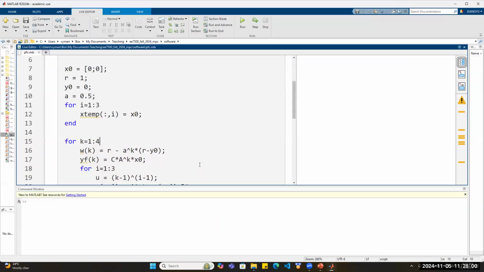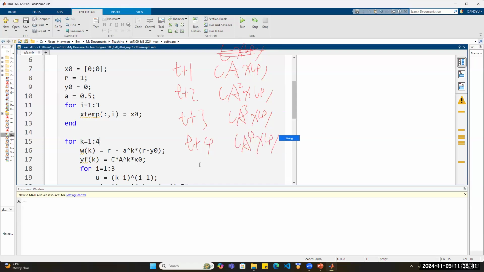Here this will be C x_t. Sorry, so this is C A x_t for t+1, C A squared x_t for t+2, C A to the power of 3 x_t for t+3, and then t+4 will be C A to the 4 x_t.